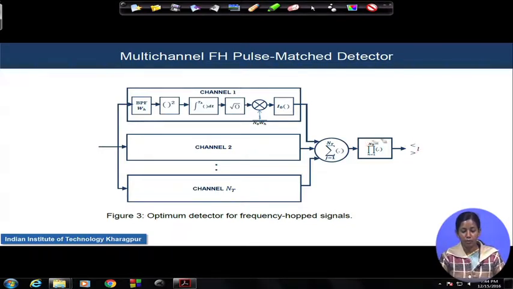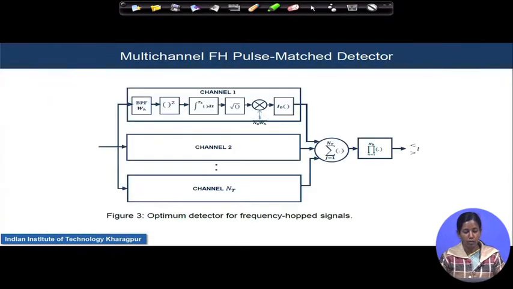So two different thresholds, K and L, are present in the decision process of such detectors.